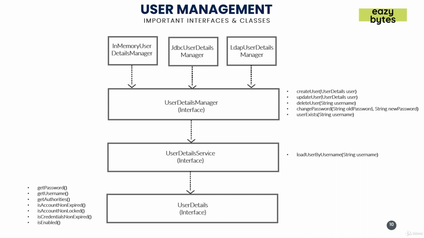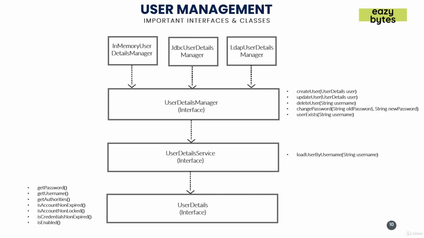The primary difference between user details service and user details manager is that user details service will be used only in the scenario where I have a requirement to only fetch the user details from the database or any other place. In such scenarios, we straight away use user details service by implementing it and customizing as per our requirement.